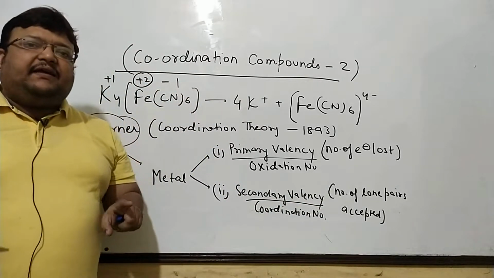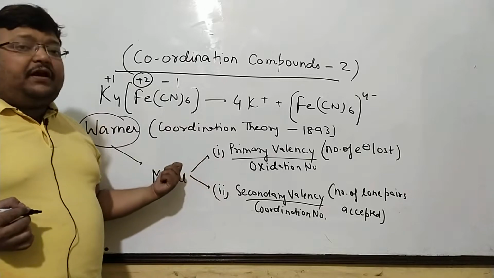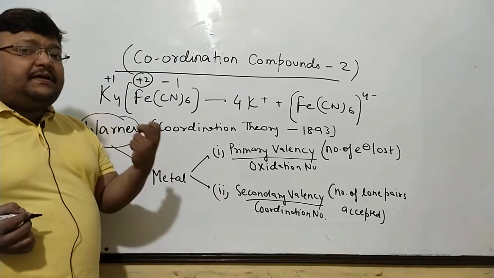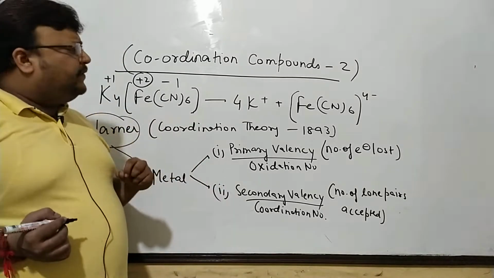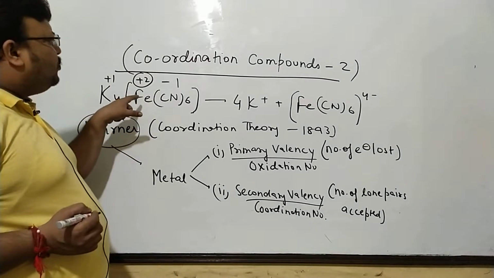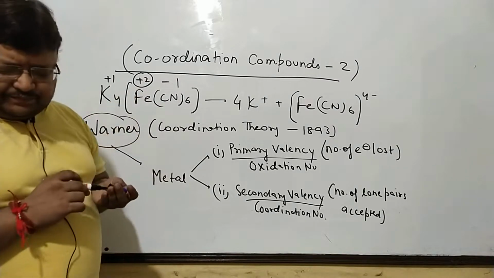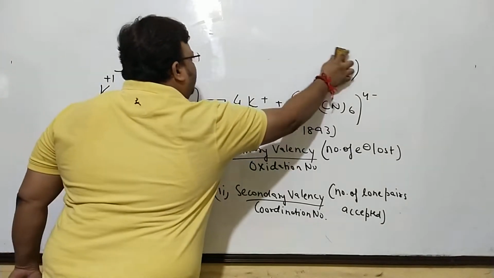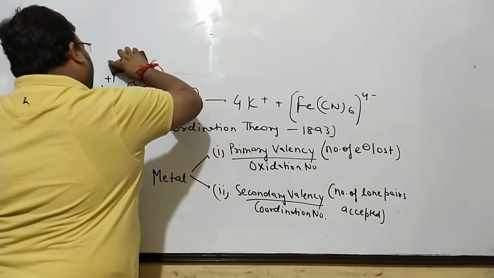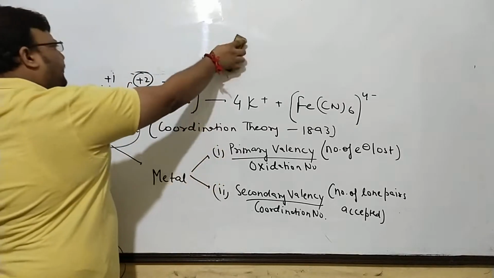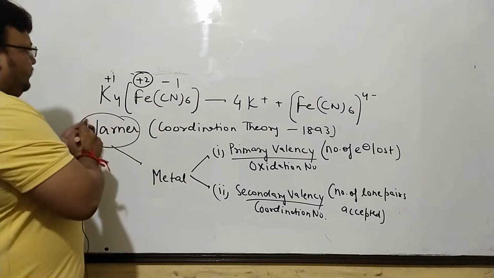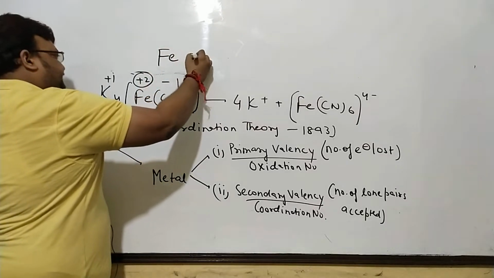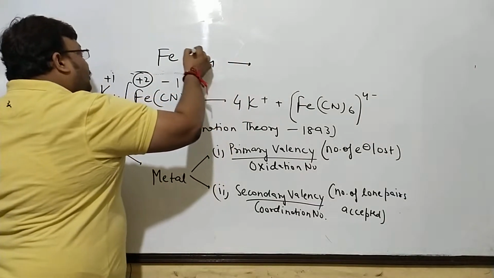So the rule is simple. Every time a metal exhibits only primary valency, it produces a normal salt. You could see ferrous here, and any other ferrous salt, suppose you have ferrous sulfate. Here again you have iron +2.